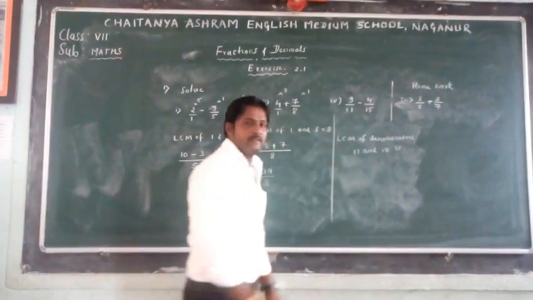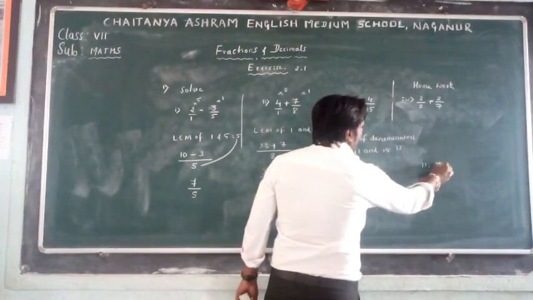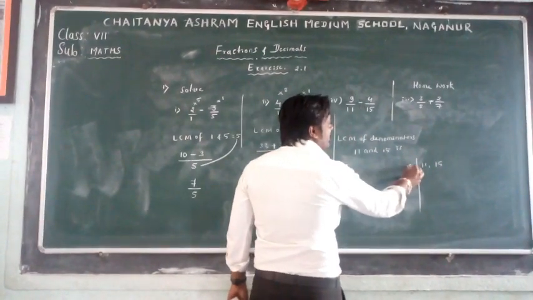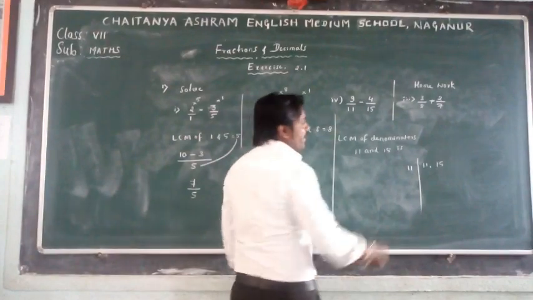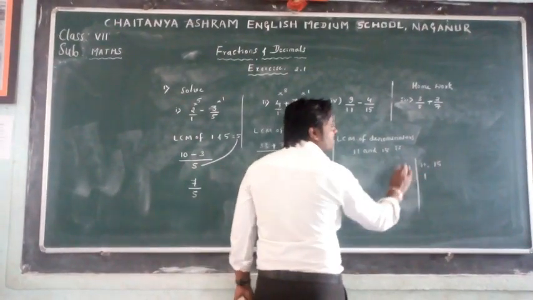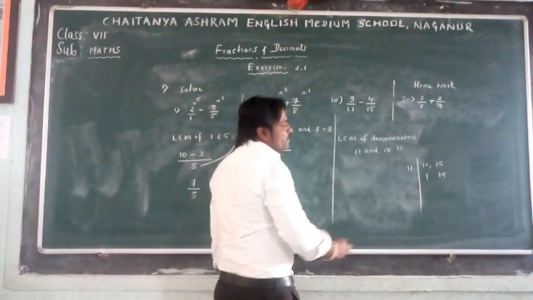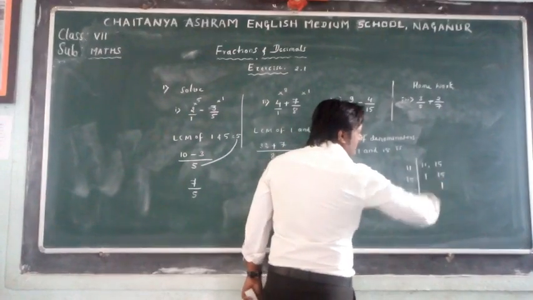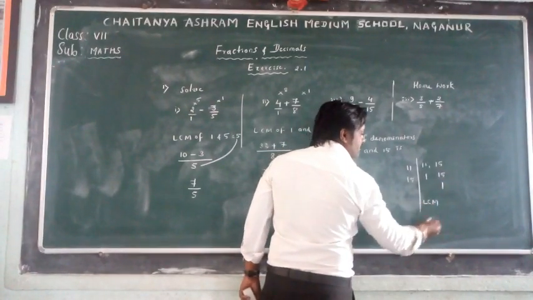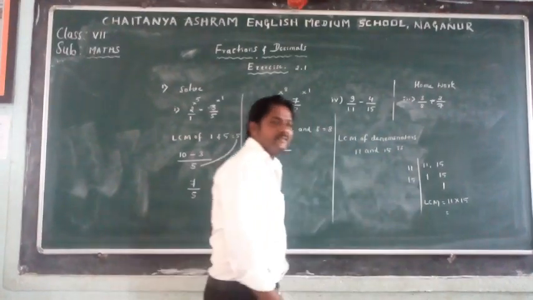Shall we calculate? Okay, see 11, 15. 11 is divisible by itself. 15 is not divisible by 11, so write 15 as it is. 15 is divisible by itself.